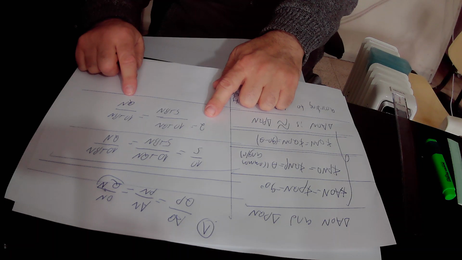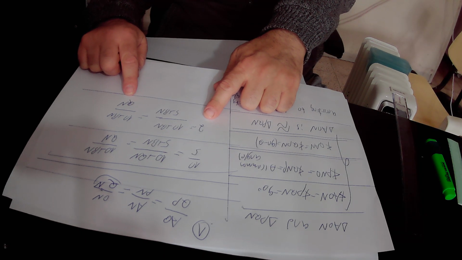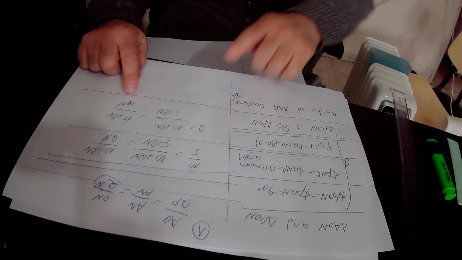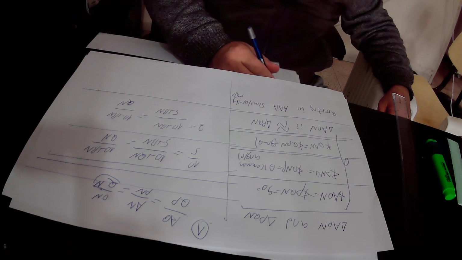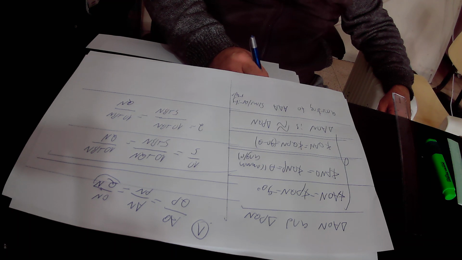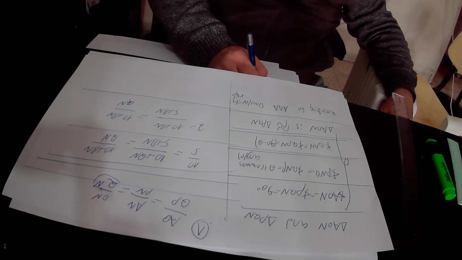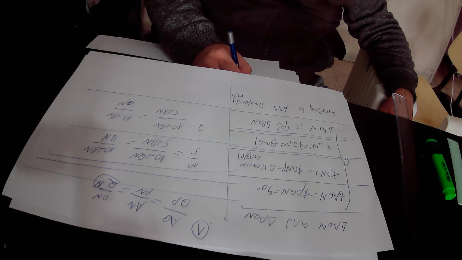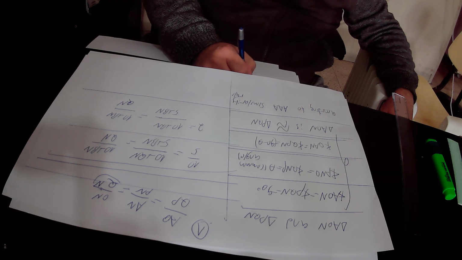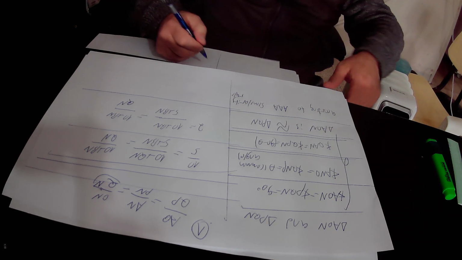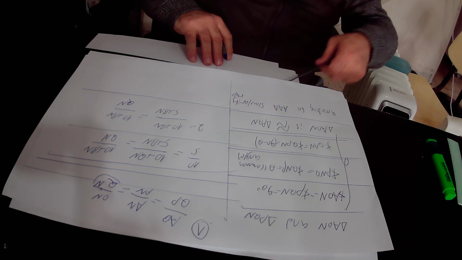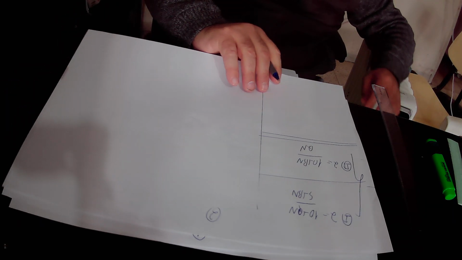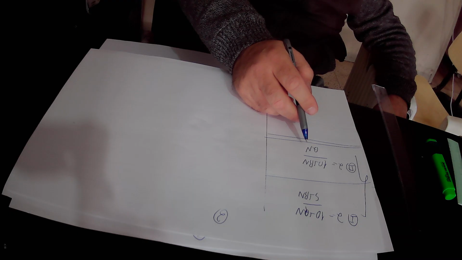Those two sides are also equal to each other, therefore we create equation number 2 from those two sides that are equal to each other. So according to equation number 2, 2 equals 10 plus BN over QN.